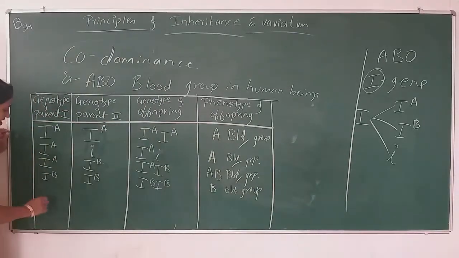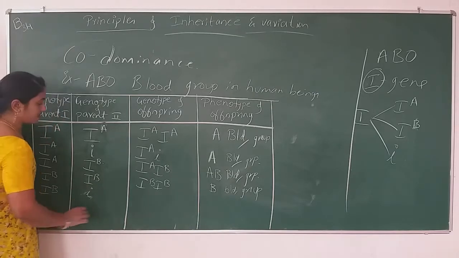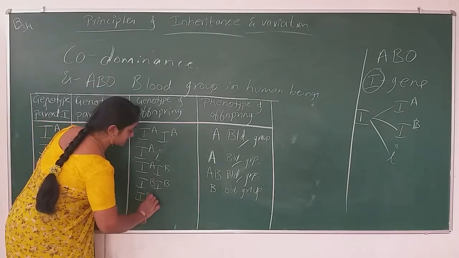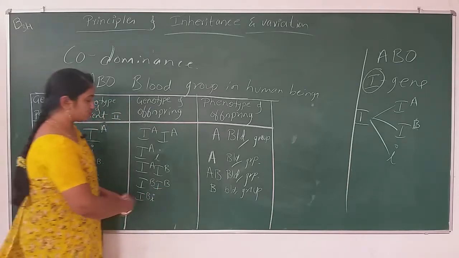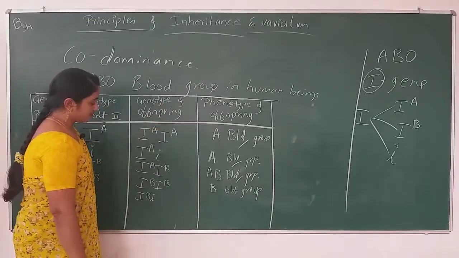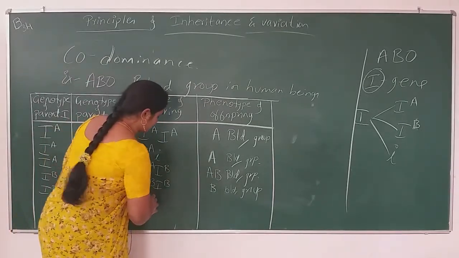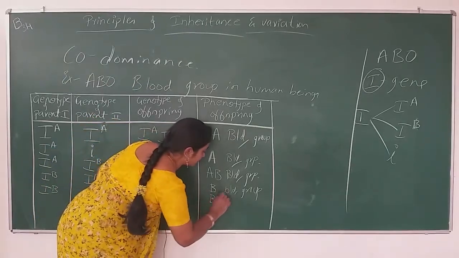And the next one is IB, small i. I should write here the small i. IB always expresses, because small i is in recessive condition. So in the resultant offspring, the offspring will have B blood group.